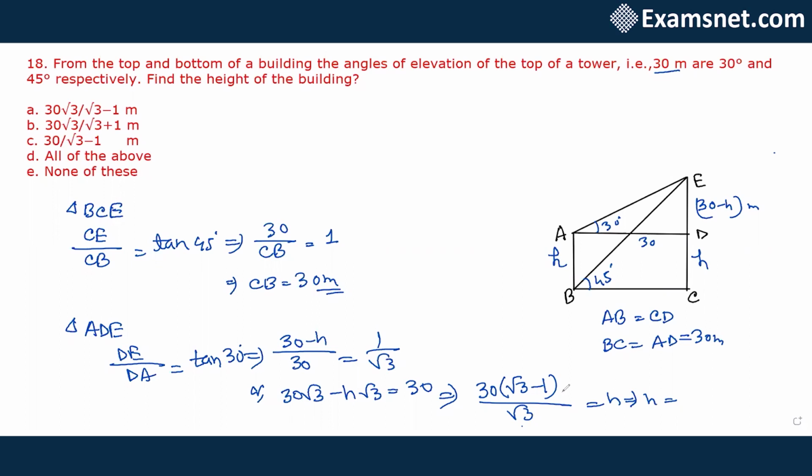So after rationalization, we will multiply root 3 with the numerator and denominator both. So we will get 10 root 3 multiplied by root 3 minus 1 meter. So here the height of the building is 10 root 3 by root 3 minus 1 meter.